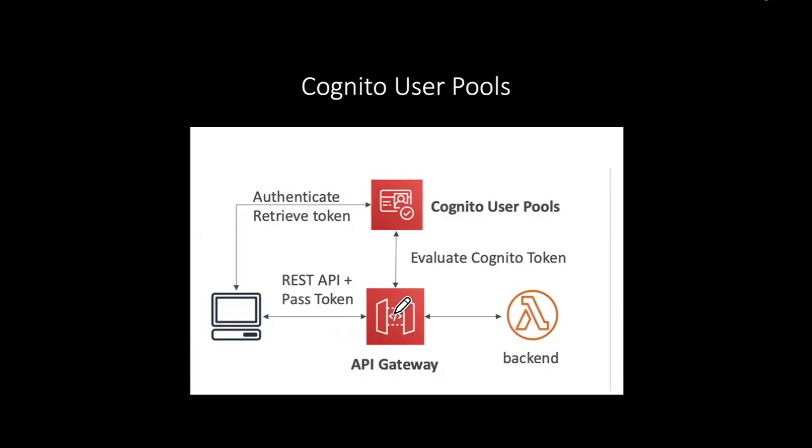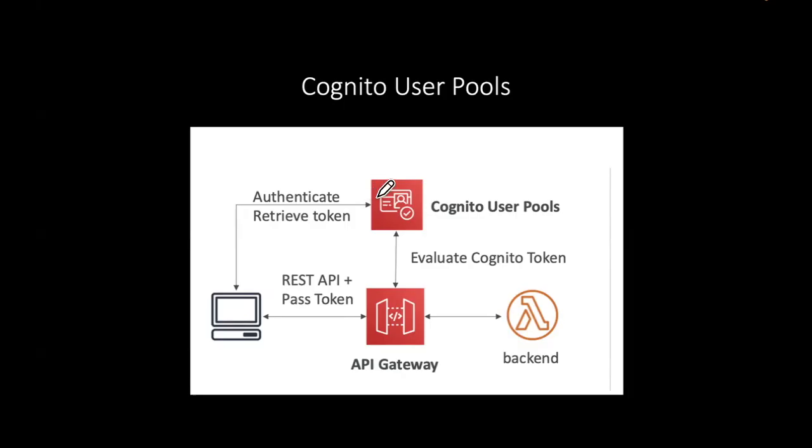But an API Gateway then will be talking to Cognito. Even though this image might indicate here that there is some sort of direct communication between Cognito and the client, that's not really the case. So this image is a very high level overview of where Cognito fits in an overall applications architecture.